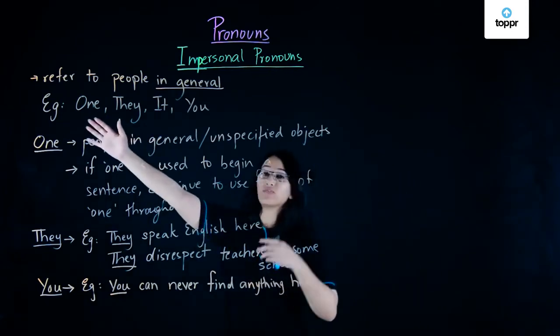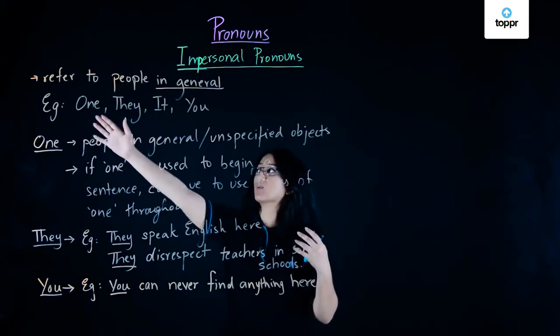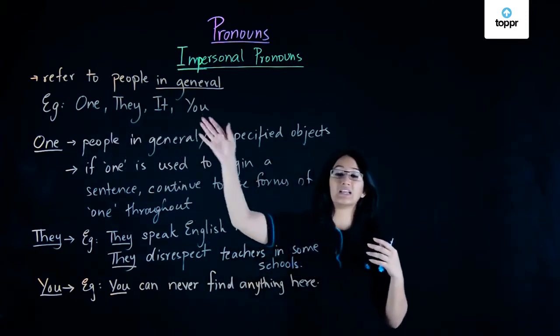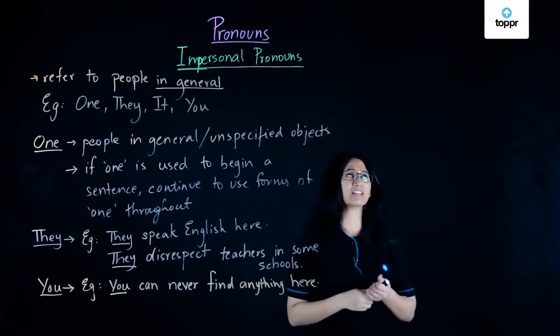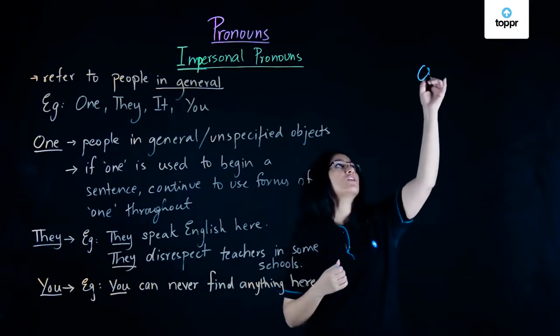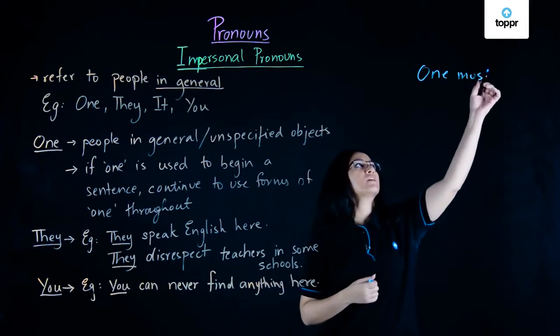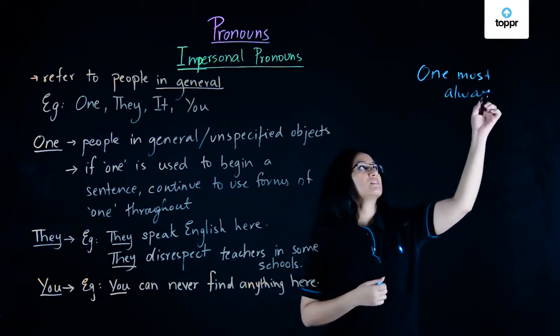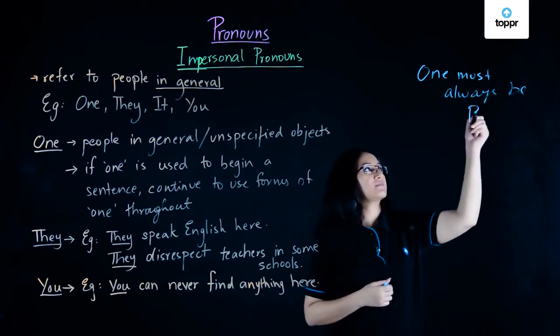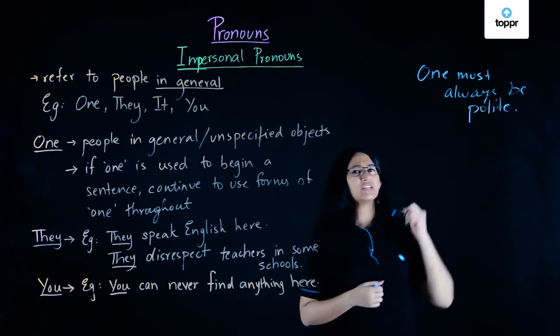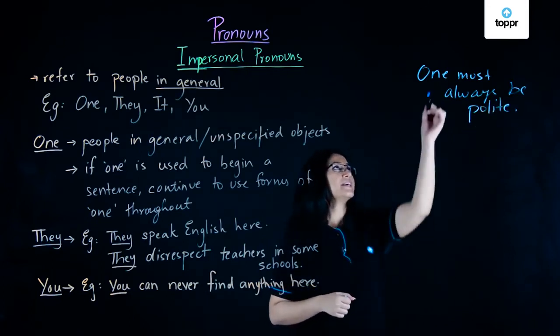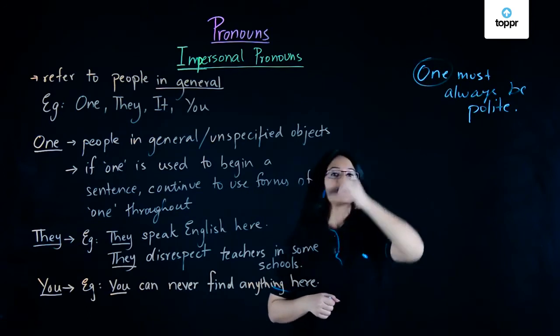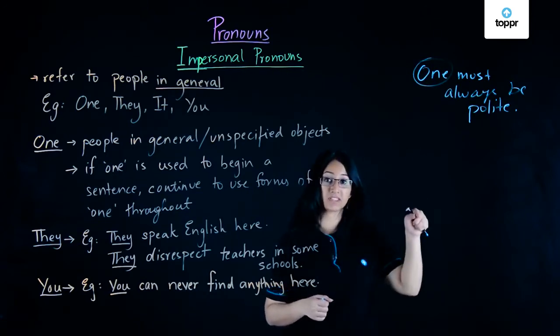So, examples of impersonal pronouns include words like one, they, it, and you. So, if I have an example of a sentence like this, one must always be polite. So you can take a look at this sentence. Here, one is not exactly referring to a specific person.